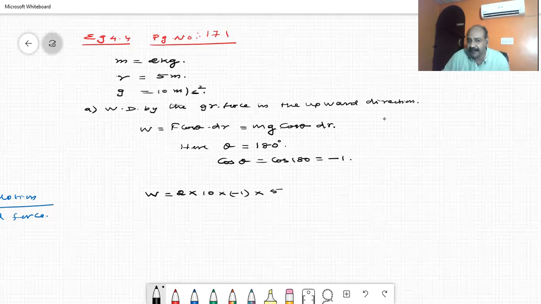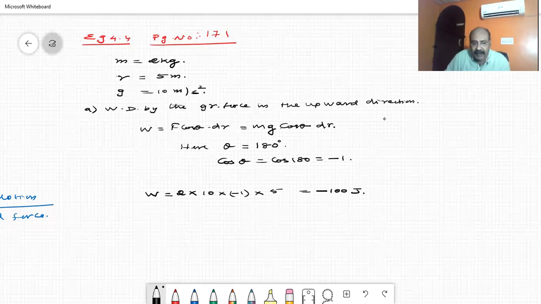It is 5. So on multiplying 2 into 10, 20, 20 into 5, it is 100 with -1. So minus 100 joule is the work done by the gravitational force in the upward direction. Here we have to focus our attention regarding the angle.